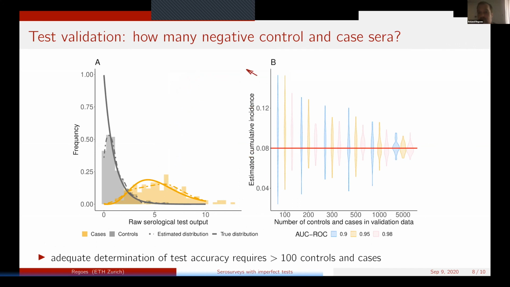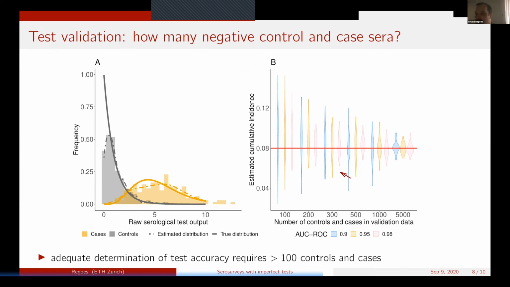Another thing we can actually look at, and this is not looked at often in terms of power analysis of serosurveys, is the test validation step. So you might ask, how many negative controls and cases do you need to sample with your test to get a good idea of the false positive and false negative rate, or of these distributions here. And what we find is that we actually need hundreds of control or case sera in order to estimate the cumulative incidence reliably.